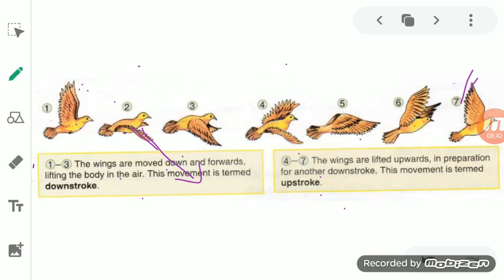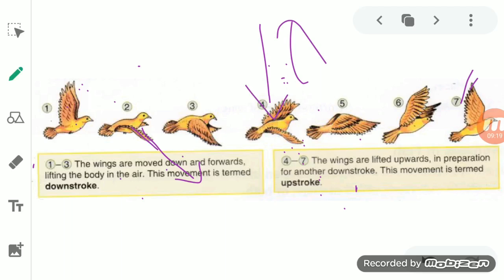While bringing the wings up during the upstroke, the bird partially folds its wings so that the effect of the air is reduced. Because as it starts moving its wings in the upward direction, it is pushing the air above it in the upward direction, so the air will also push it in the downward direction.